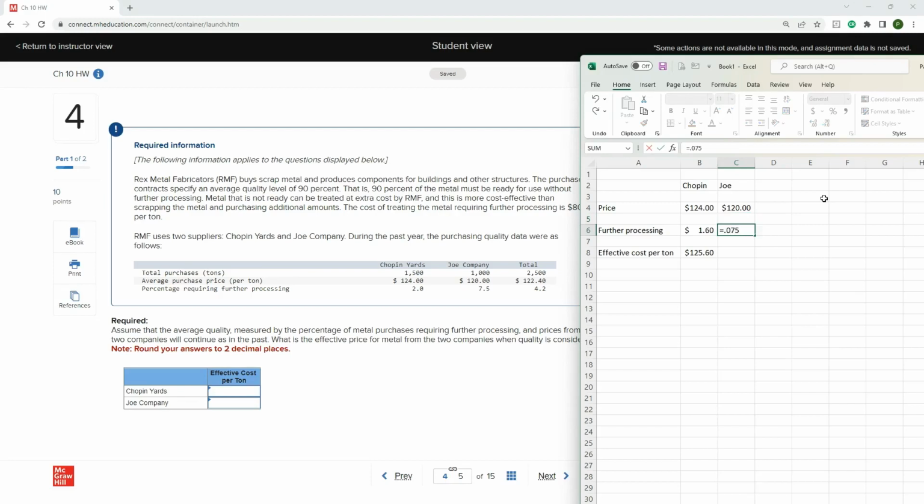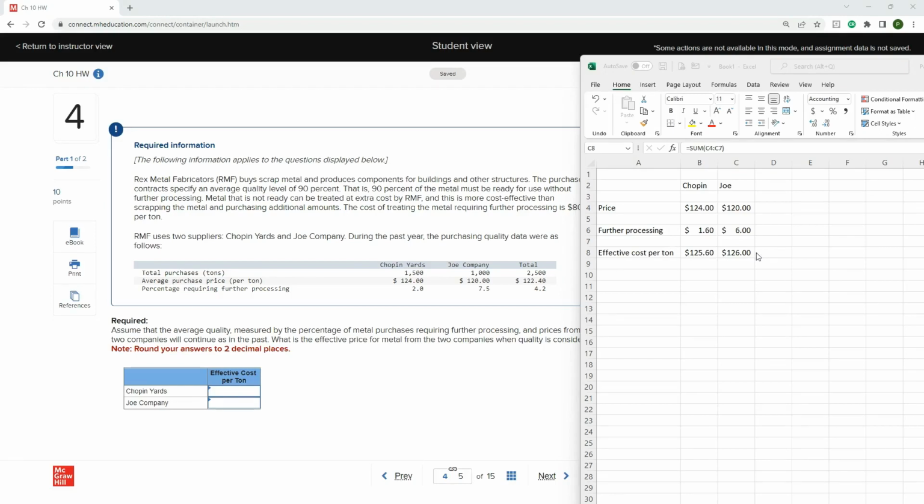Now for Joe, their price is $120, but their processing is only 7.5% of the time. So we're going to multiply 0.075 times $80. So it's going to cost an extra $6. So our effective cost per ton for Joe is $126. So for part A, the answers are $125.60 for Chopin and $126 for Joe.